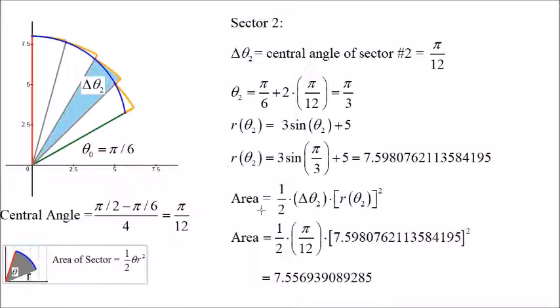And the area, once again, is 1/2 times the central angle times the square of the radius. And the central angle is pi over 12, and the radius is 7.59. And this will give us 7.55. So area for sector number 2 is 7.55.